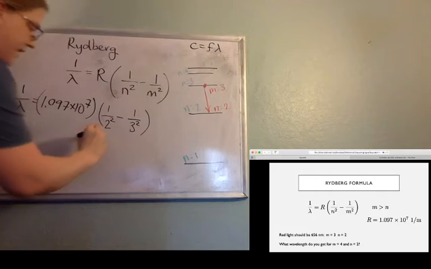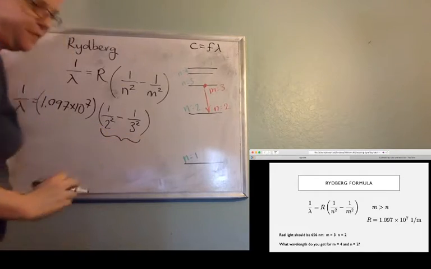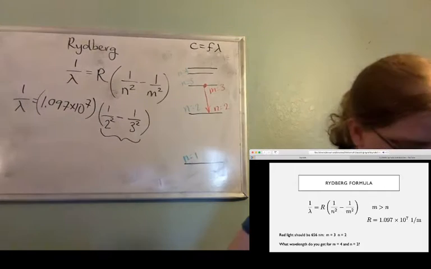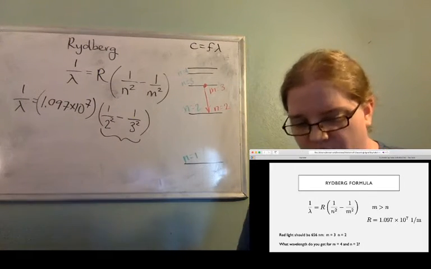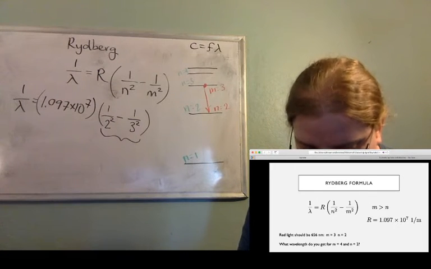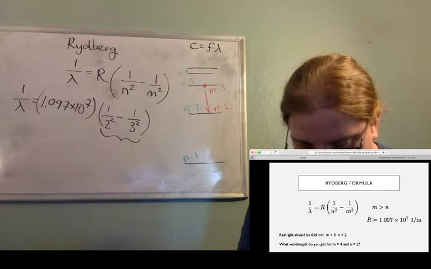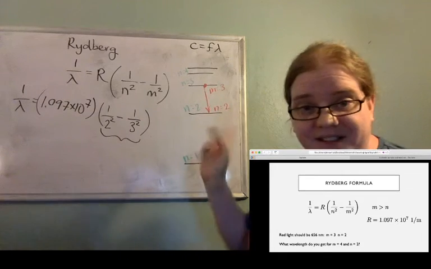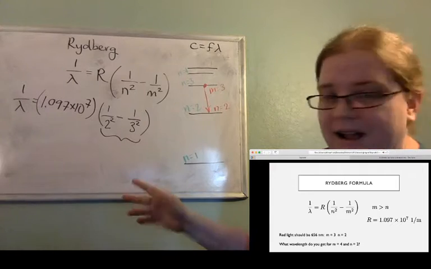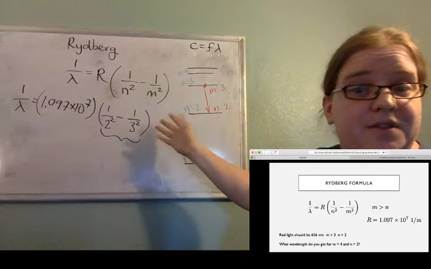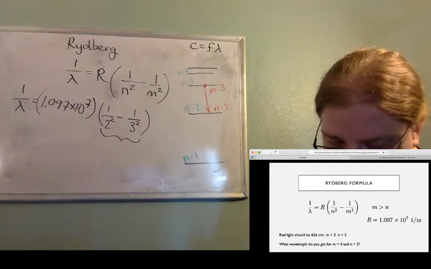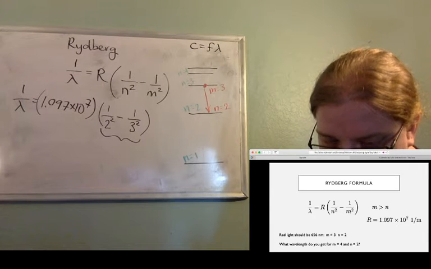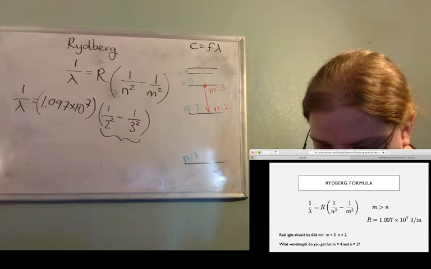So I highly recommend find this value first. If we plug this into our calculator, you can either just plug it in as it's written, or you can recognize 2 squared is 4, 3 squared is 9, right? So I'm going to do 1 divided by 4 minus 1 divided by 9.